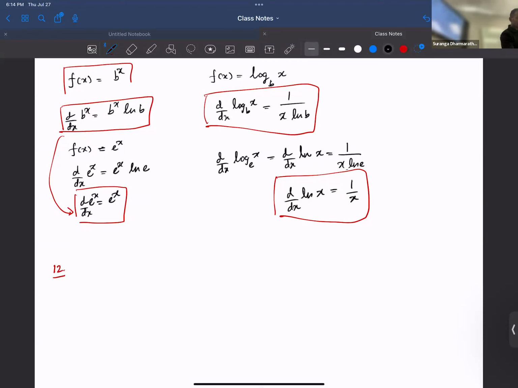it says find the derivative of y equals natural log of x cubed.